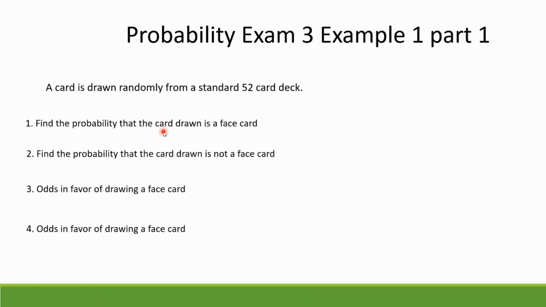Okay, so we want to get some probabilities. We want to find the probability that the card drawn is a face card, and the probability that the card drawn is not a face card. We also want to get some odds here, like the odds in favor of drawing a face card and the odds in favor of not drawing a face card.